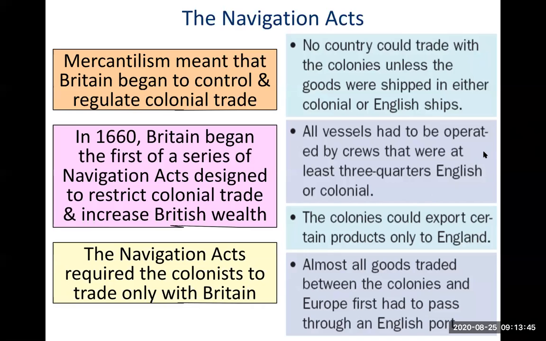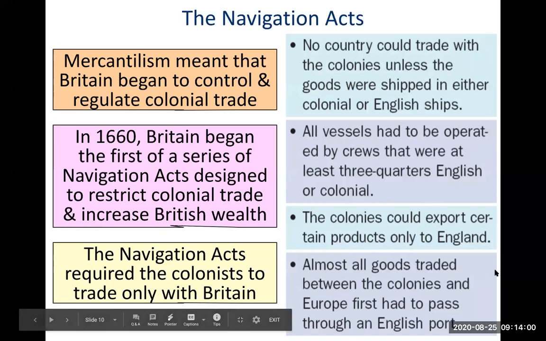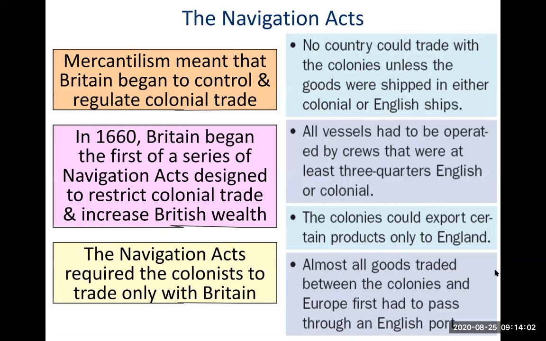Right? A huge part of the economy when you think about tobacco. To only be restricted to England is definitely controlling and would definitely have an impact on the colonial economics as well. And then this part: almost all goods traded between the colonies and Europe first had to pass through an English port.